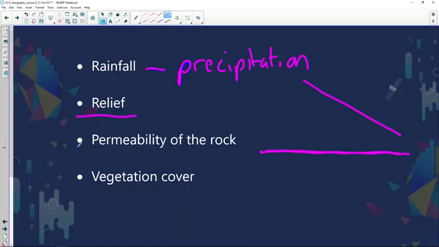Now, a very important point over here is the permeability of rocks. The permeability of rocks is whether it allows the water to infiltrate. We get different types of rocks: sedimentary rocks, igneous rocks and metamorphic rocks. Some rocks allow water to infiltrate. Some rocks do not allow water to infiltrate.